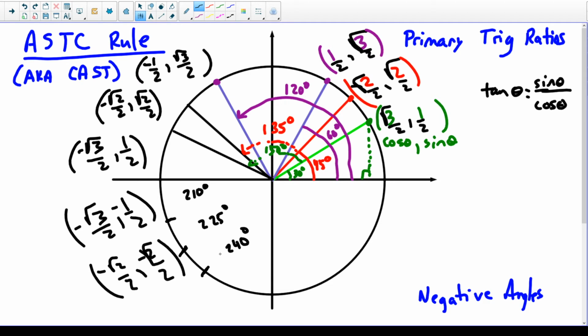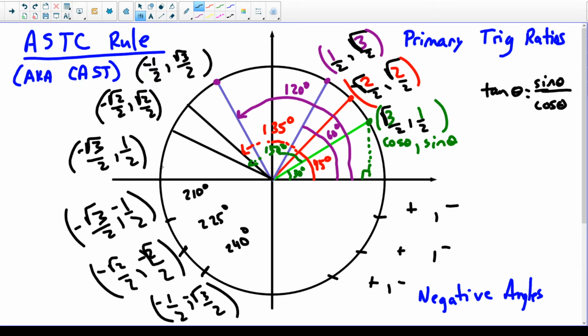And then this one here is mirrored with the 60-degree one, which is 1/2 and root 3 over 2, in that order, both of them negative. And I could continue to this one as well. The only thing that would be different with this one is the signs. So in this case, we'd have a positive cosine and negative sine.